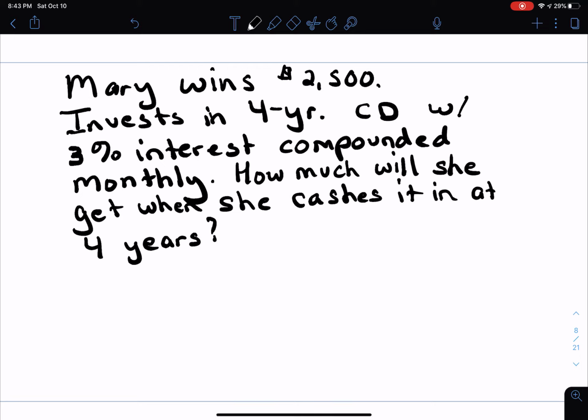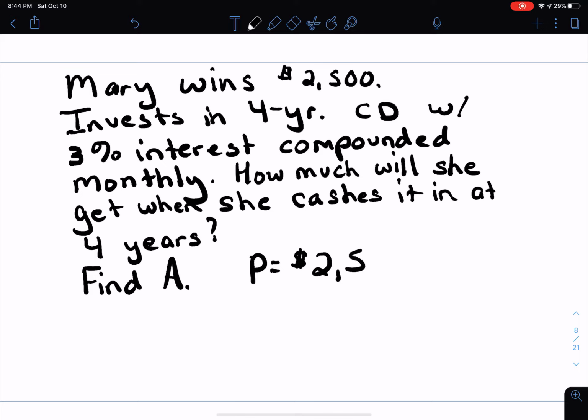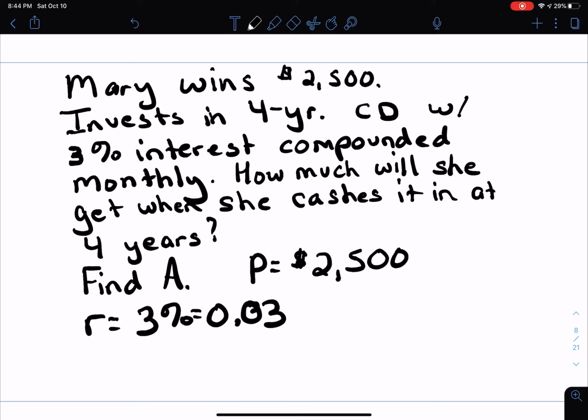Okay, so we're trying to find A. Trying to figure out how much is going to come back to her. She's going to get her $2,500 back plus whatever interest she got. The initial P that she's investing is the $2,500. The R is the 3%, but we're going to use 0.03. And T is 4 years.